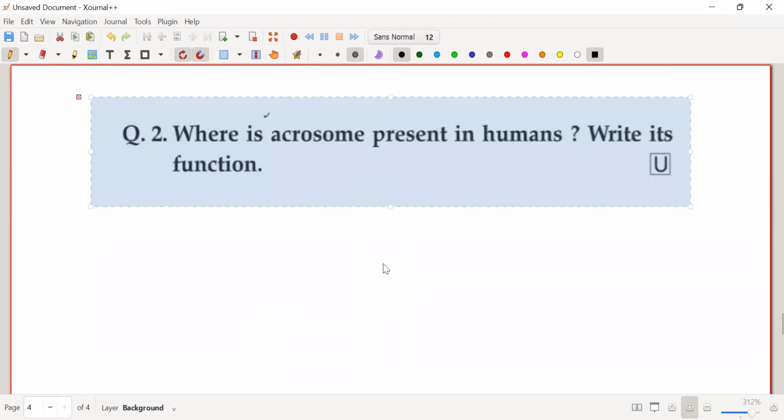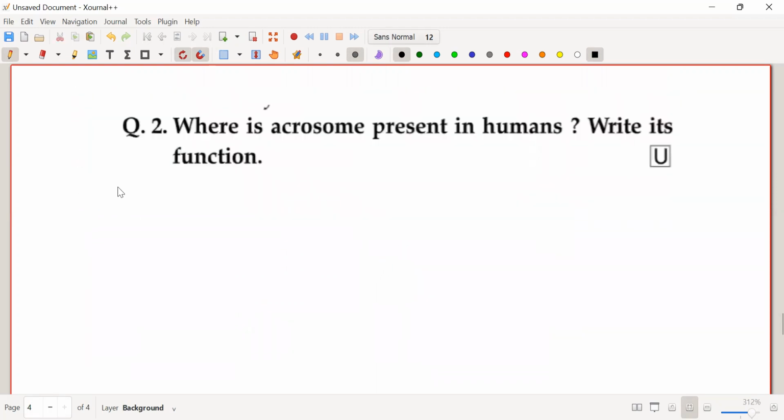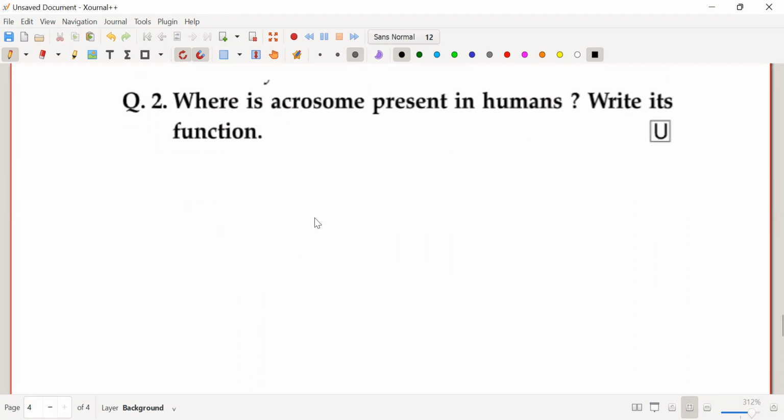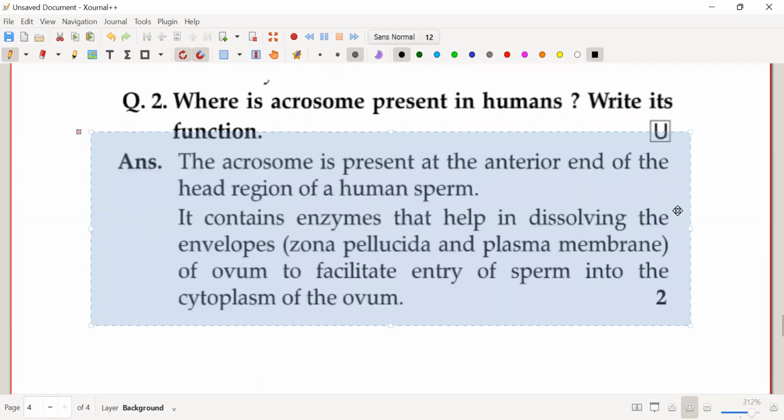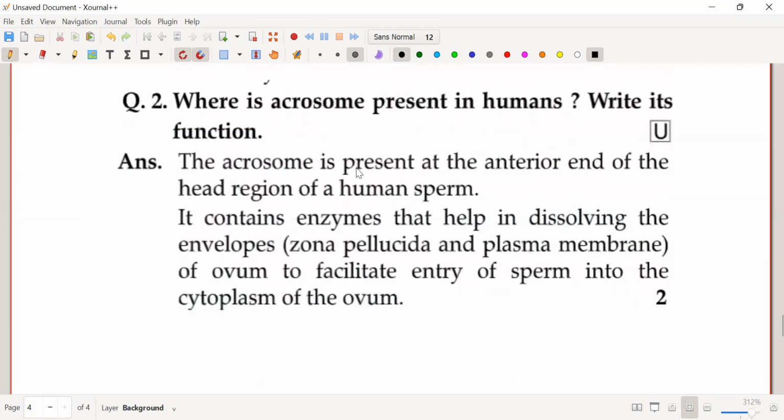Where is acrosome present in human? Write its function. The acrosome is present in the anterior end of the head region of human sperm.